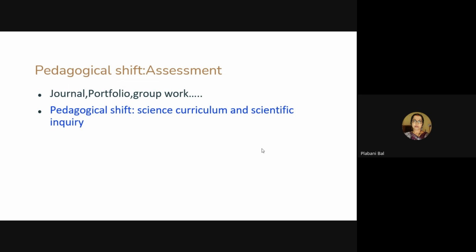Okay, another shift is the scientific method and science as an inquiry process. Scientific methods are the ways of thinking and inquiring that allow investigating and explaining natural phenomena and solving problems scientifically.